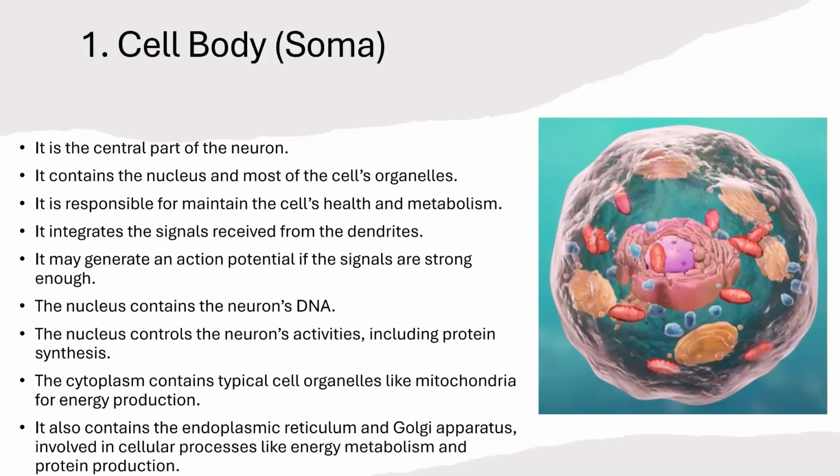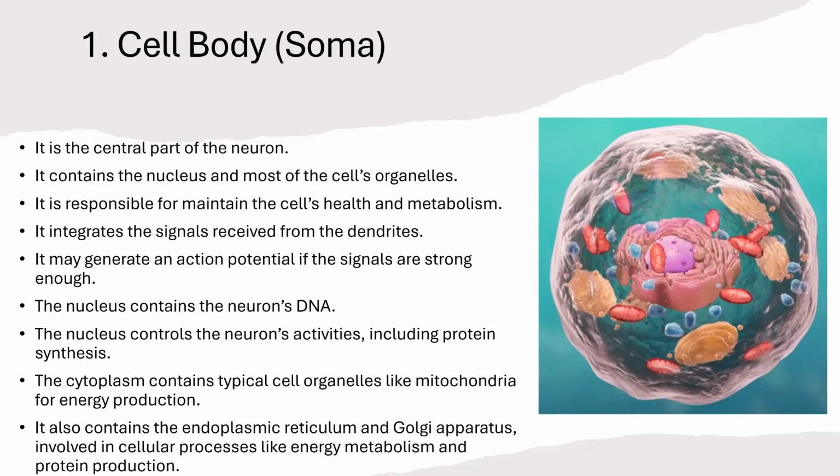Let's start from the cell body or soma. You may see here at a zoom how a cell body looks like. It is the central part of the neuron which contains the nucleus, the pink one, and most of the cell's organelles. It is responsible to maintain the cell's health and metabolism.